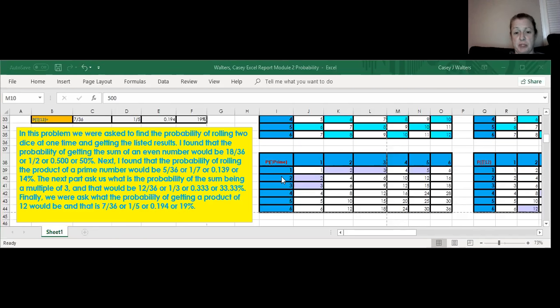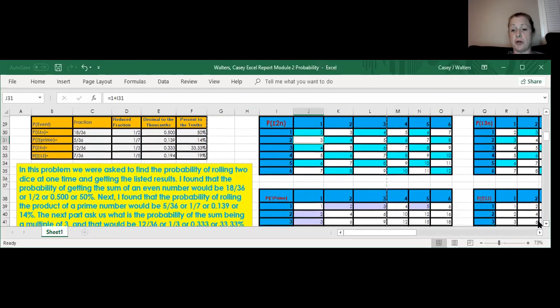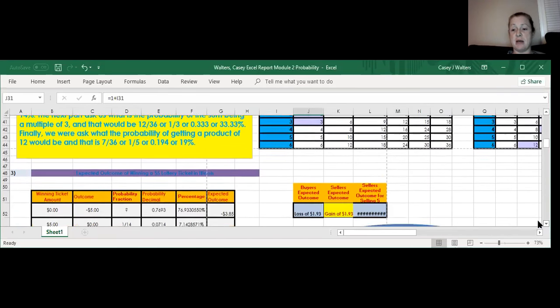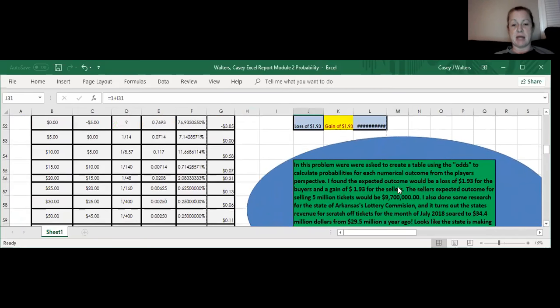And you will see that I have a table here that defines the variables, and then I also have the area where I worked out the problems here, and my tables over here are color coded, but they also have the functions and everything in the cells.